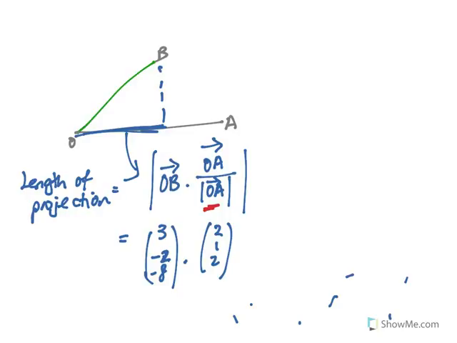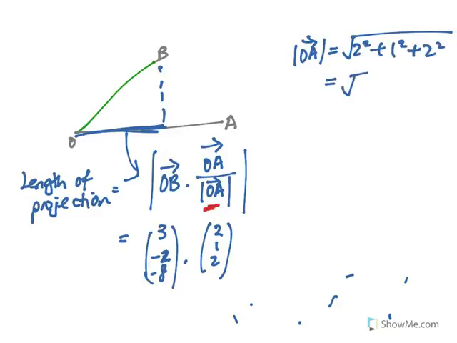The magnitude of OA is the square root of 2 squared plus 1 squared plus 2 squared, which is the square root of 9, which is just 3. So this is (2, 1, 2) divided by 3, but rather than dividing, we just take the 3 and put it outside.